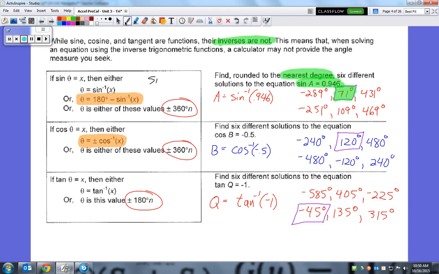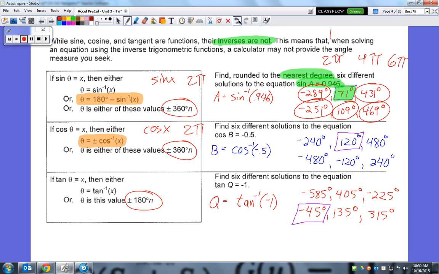So we know that the sine of x and the cosine of x both have fundamental periods of 2 pi. So basically, if I wanted to find other angles, I'm just going to add or subtract increments of 2 pi, like 2 pi or 4 pi or 6 pi, because this is 1 increment, this is 2, and this is 3 increments.